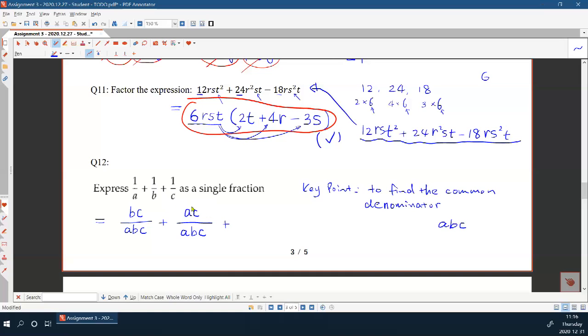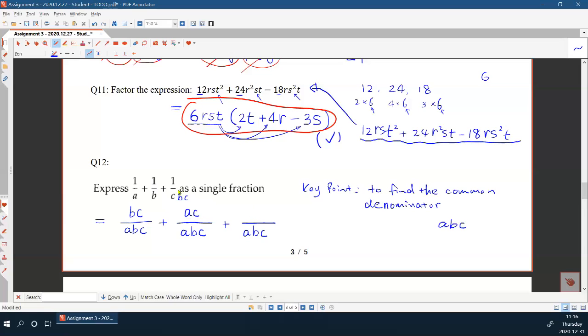Okay, and you can also verify when you cancel ac here, the second term is 1 over b. Okay, following the same principle for the third term, if the denominator becomes abc, that means you times a b here, right?